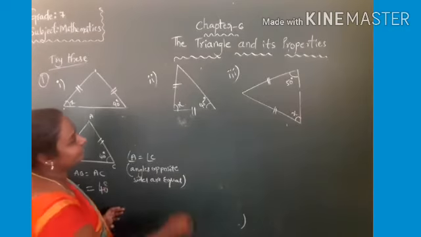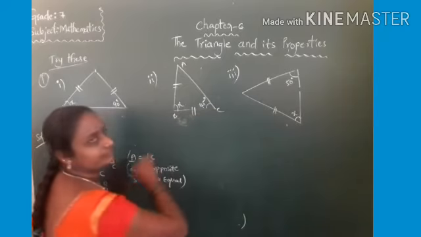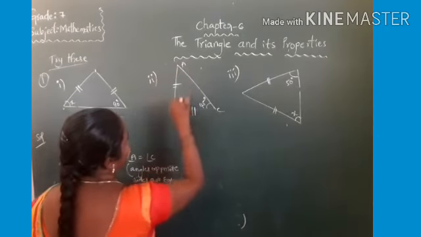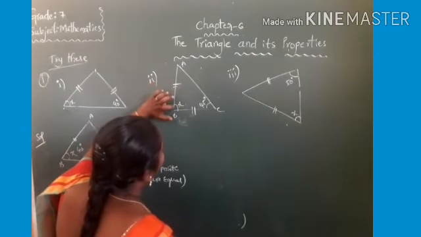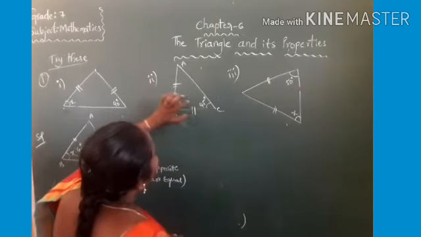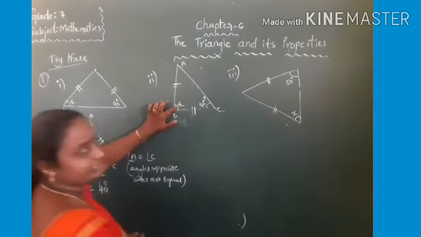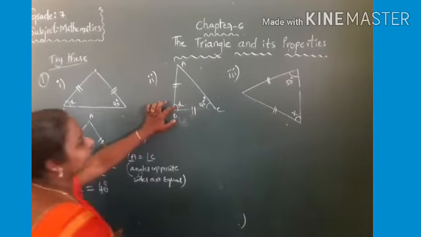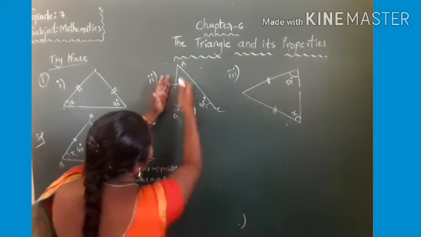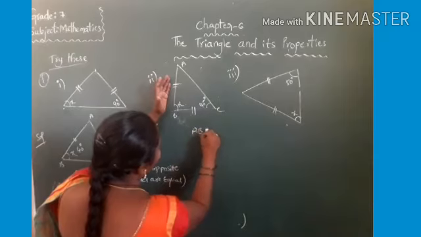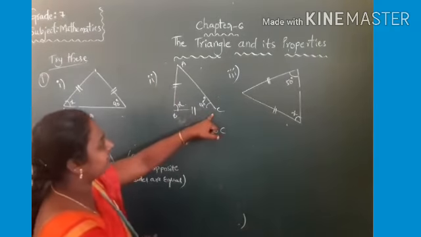Next one, second one, observe here. So it is triangle ABC. Here angle x, 45 degrees. You have to find angle x. So what is the angle for x? Observe here. This BC is equal to AB. Both sides equal. AB is equal to BC.